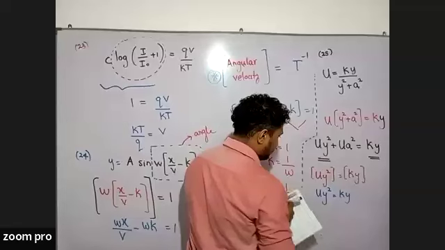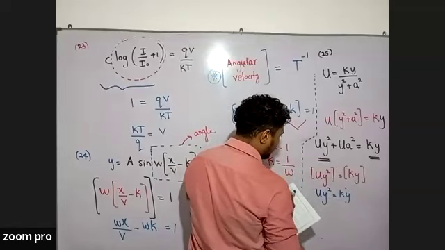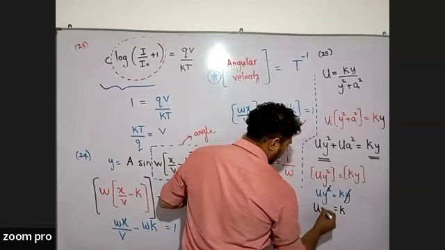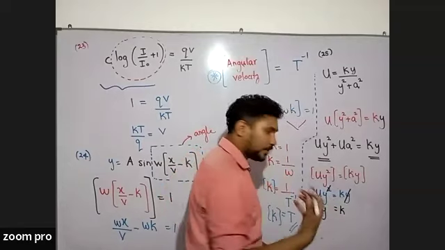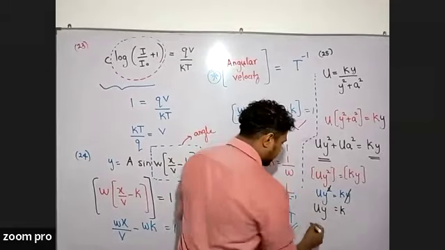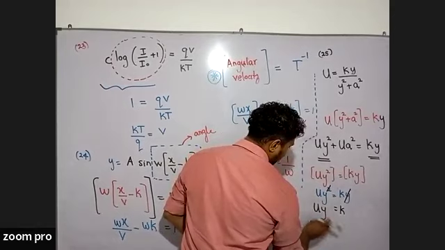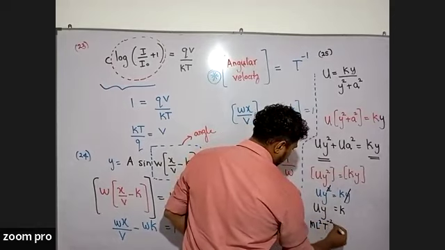We can further simplify this by cancelling y from each side. Then k equals uy. Now u represents the potential energy, that's why it's energy now. The dimension should be ML squared T minus 2.